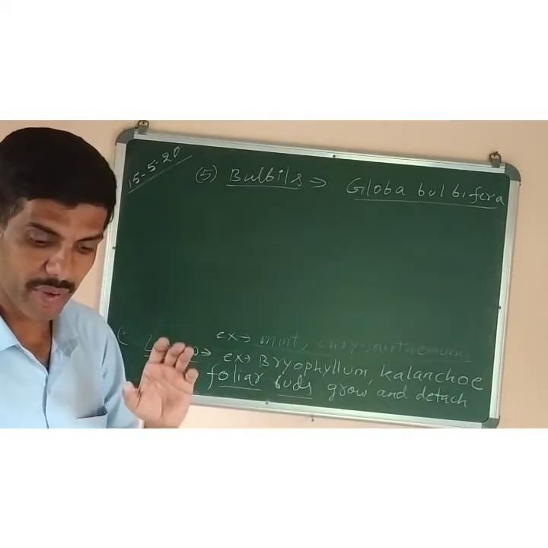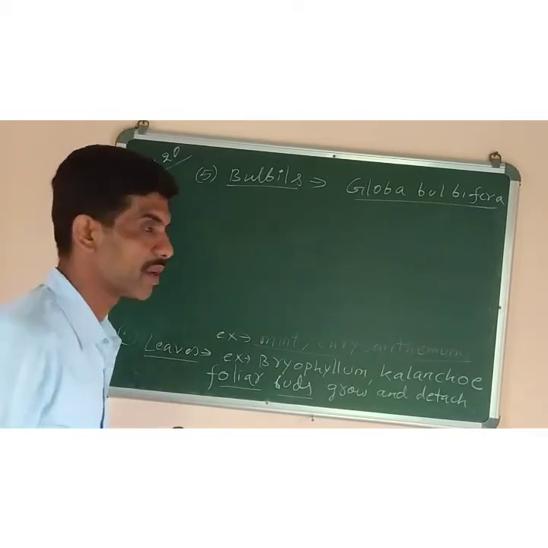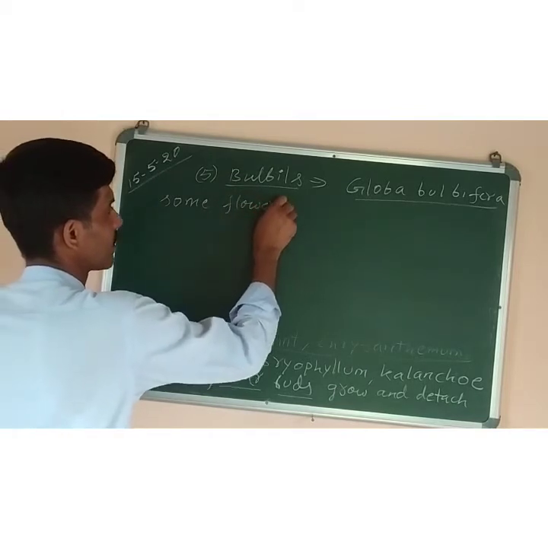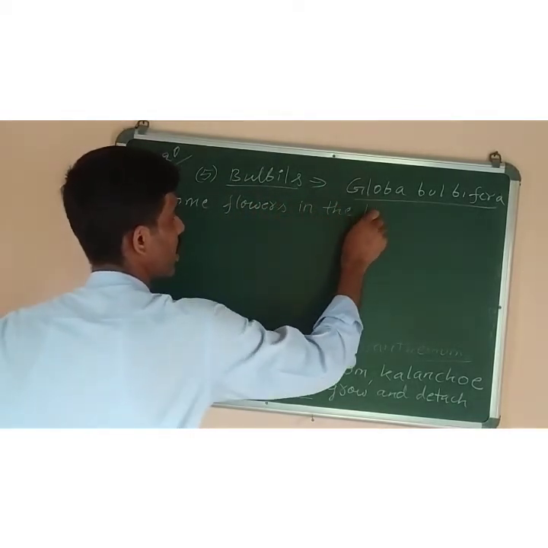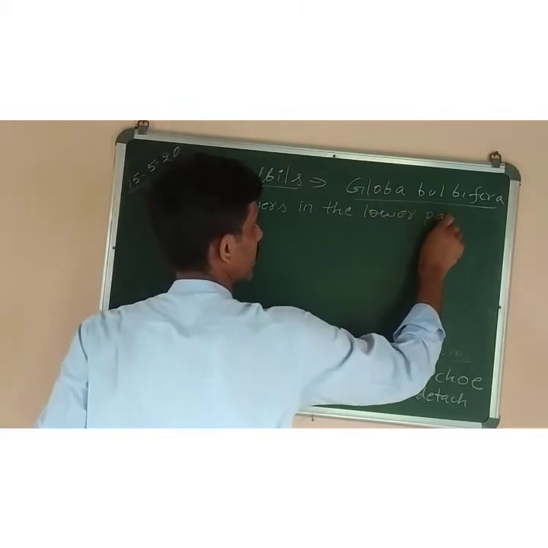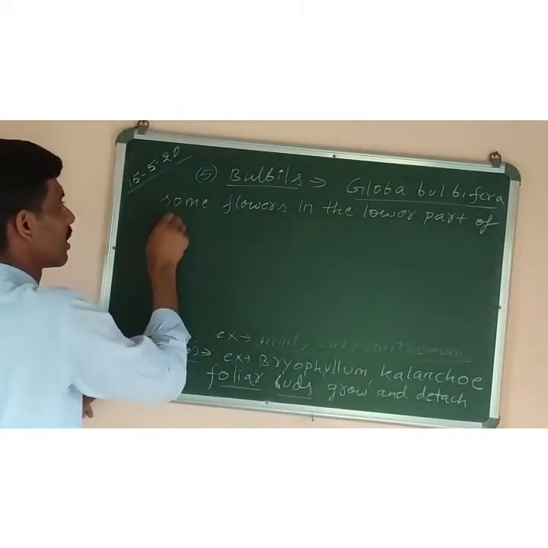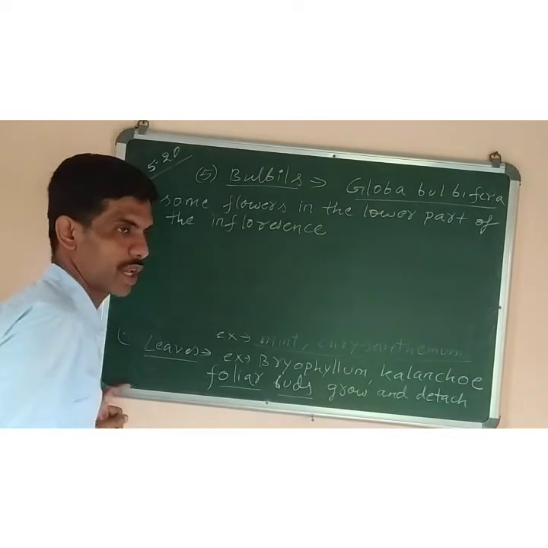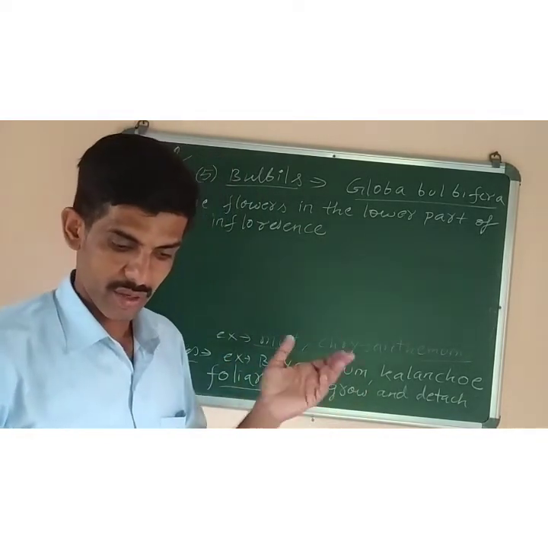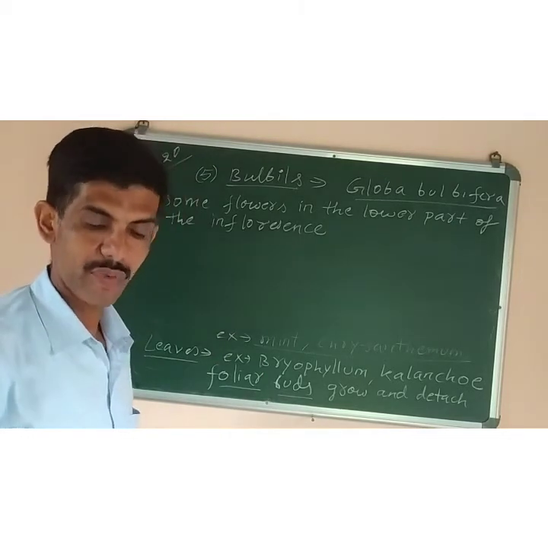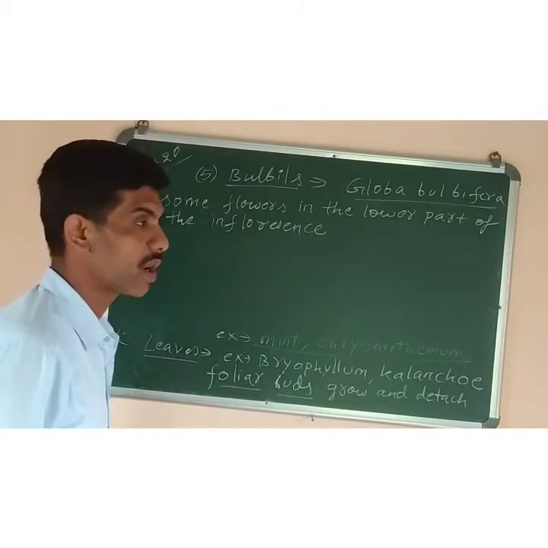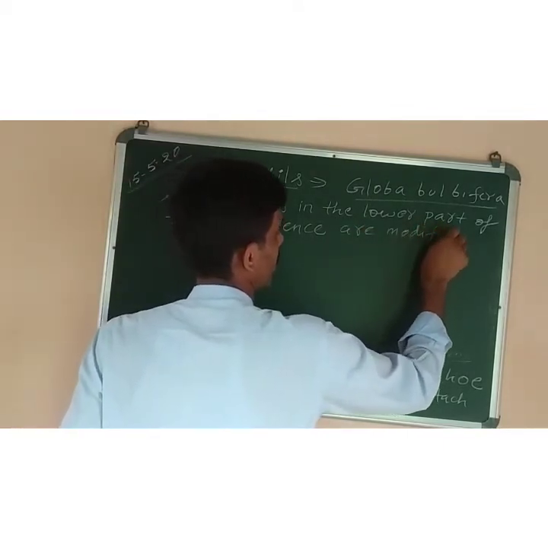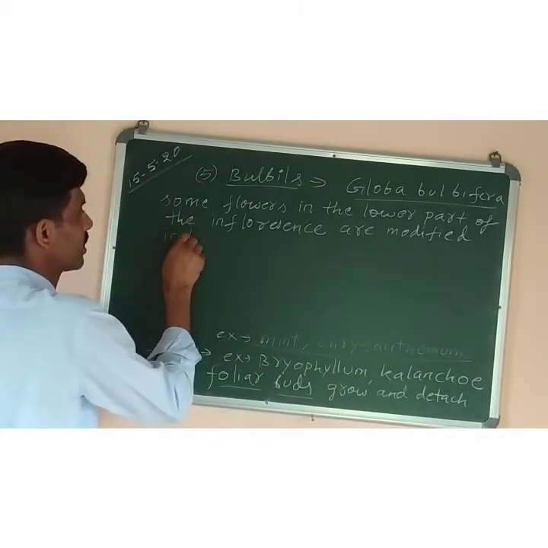So in Globba bulbifera, some flowers in the lower part of the inflorescence are modified into small multicellular structures called bulbils.